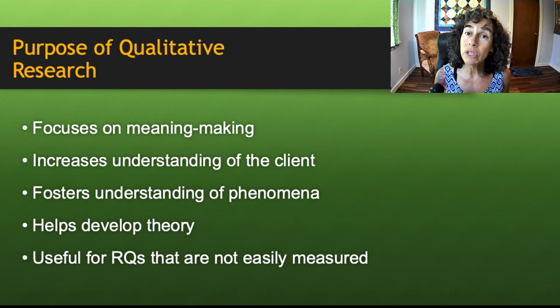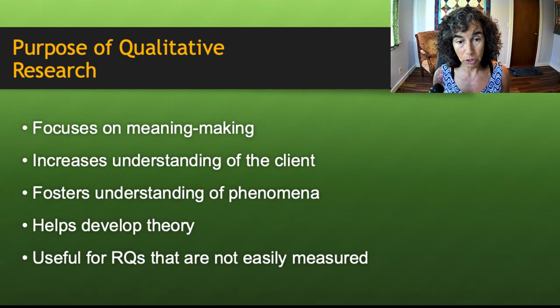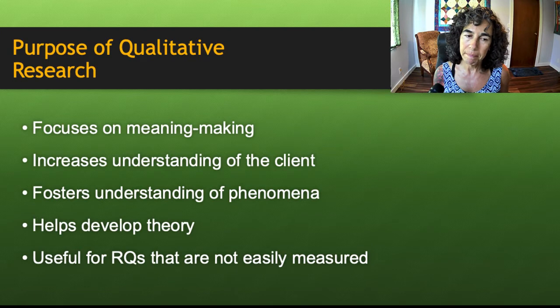It helps us to develop theory, right? So with quantitative research, we're trying to prove or illustrate examples of a theory that exists. With qualitative research, we're actually developing theory potentially. And it's useful for research questions that aren't easily measured.